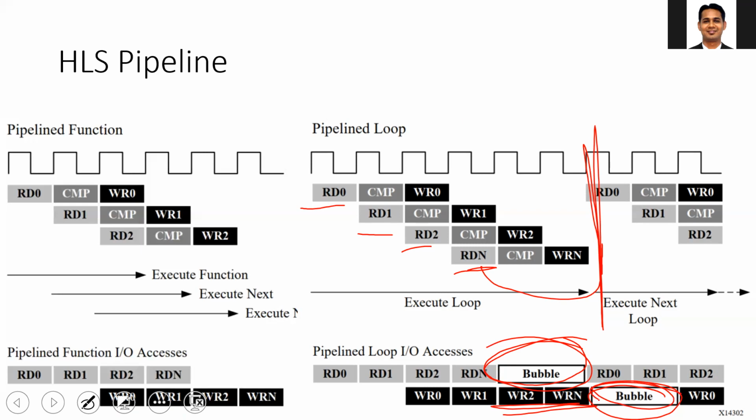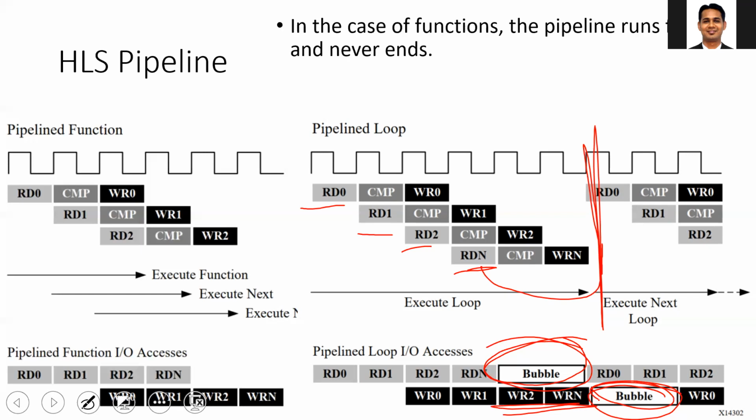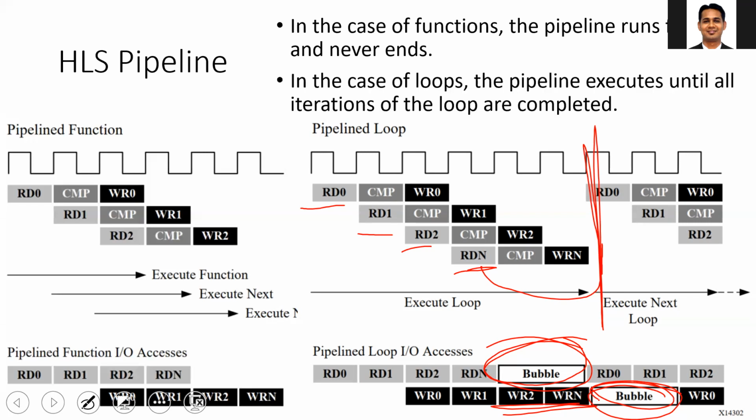You can see that initially there will be some time before you get the first output. So that is called a bubble, during which no new outputs are written as the loop starts the new loop iterations. So in case of the function, the pipeline runs forever and never ends, as we have seen, while in case of the loop, the pipeline executes until all the iterations of the loop are completed. Okay, so this is the issue with the pipeline.